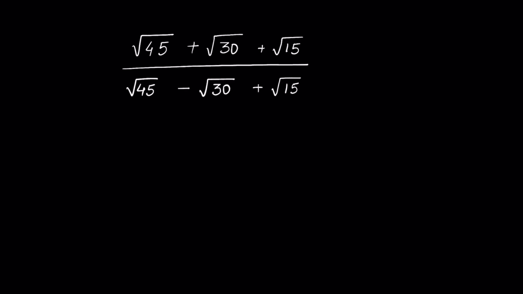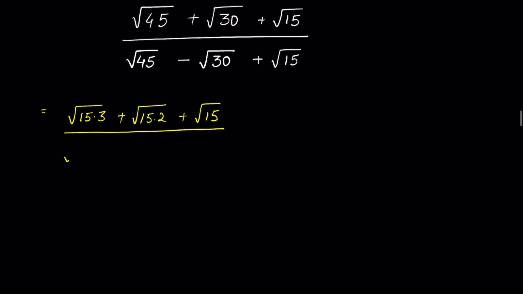Let's try. So square root of 45 we can write as square root of 15 times 3, plus square root of 30 as square root of 15 times 2, plus square root of 15, upon, in the denominator we have the same numbers: square root of 15 times 3 minus square root of 15 times 2 plus square root of 15.